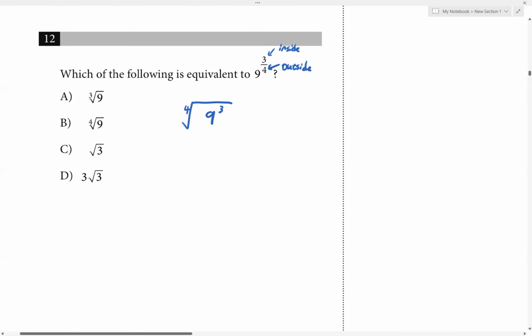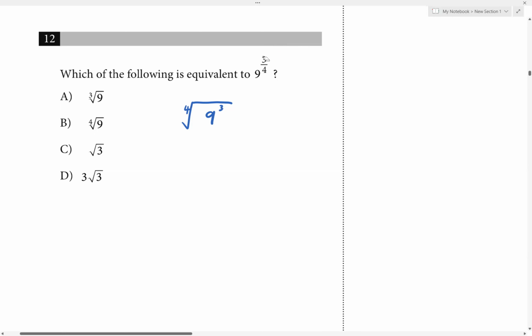Sometimes you can also put the 3 on the top of the overall radical, but it doesn't matter, they're equivalent. I will just put it inside for now. Nevertheless, that will be the power, so the 3 goes to the top right corner there, and the 4 is always going to be on the radical.